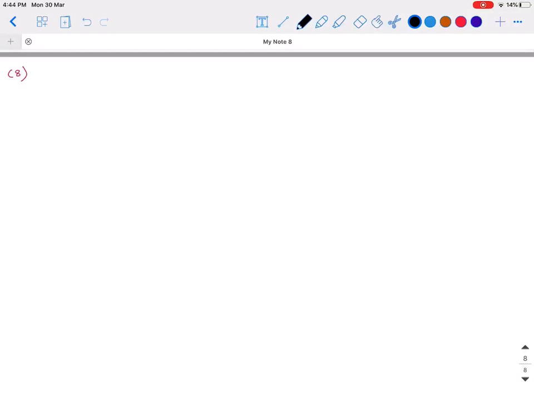What we have is a rectangular block. Let's say this height is h and this is nr. We are going to discuss what r is. This is a rectangular block and a semicircular block.